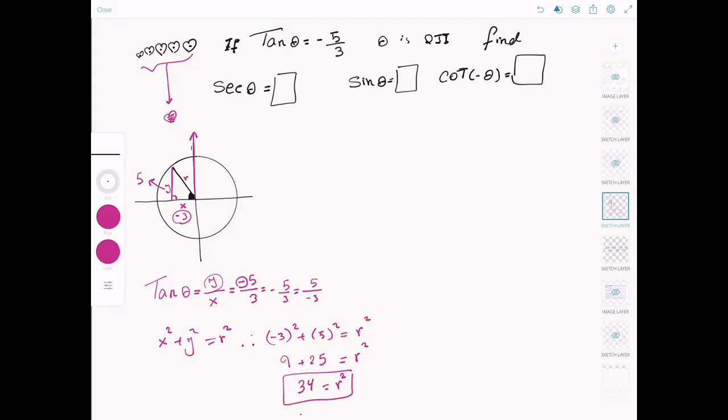Now, what is r? What is r? r is radical 34. Very good. So r will be radical 34.